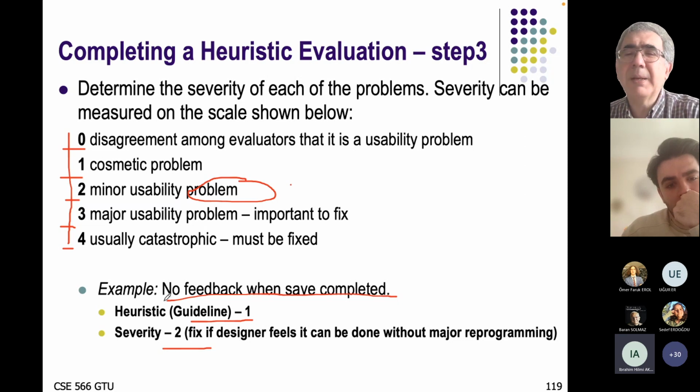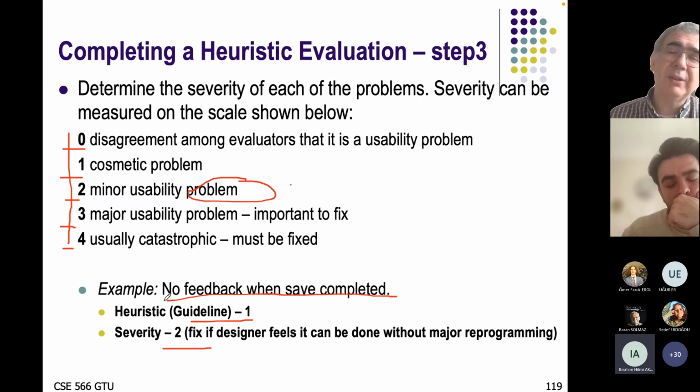You don't have to make experiments for this because these guidelines are all available on the internet. As I said, they were initially developed by Jakob Nielsen. Therefore, it is known as Nielsen principles.